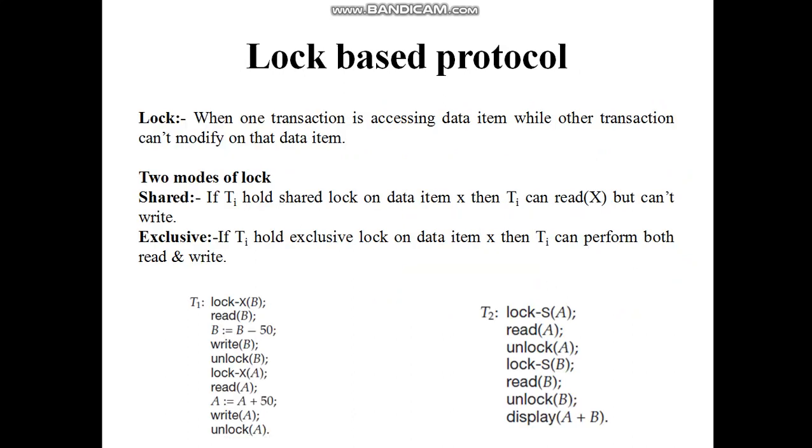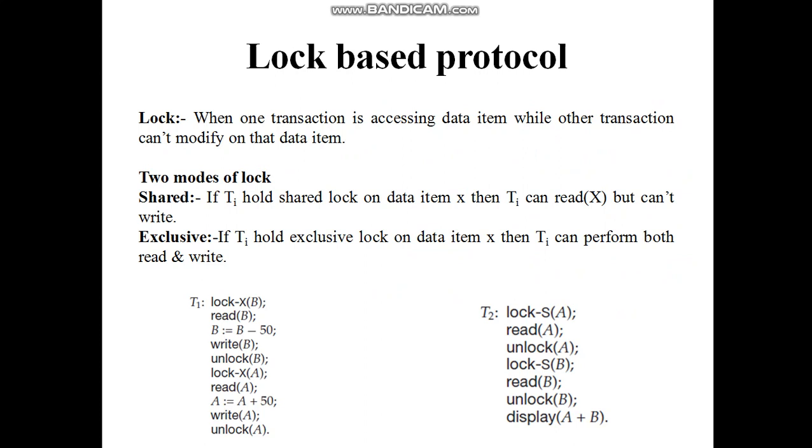So this is the lock based protocol. Let's first see what a lock is. A lock is used when one transaction is accessing a data item and other transactions cannot modify that data item. For that purpose a lock is important. There are two modes of lock: shared and exclusive.